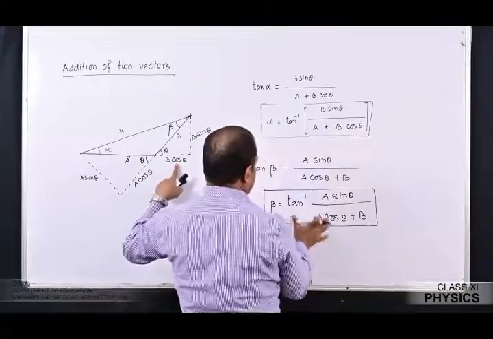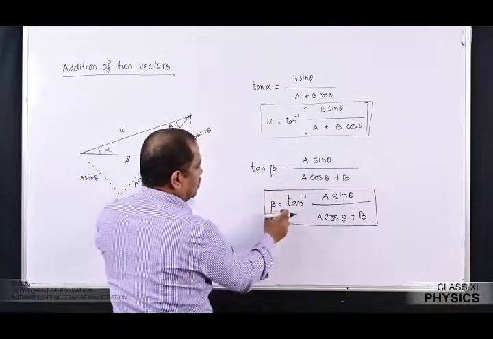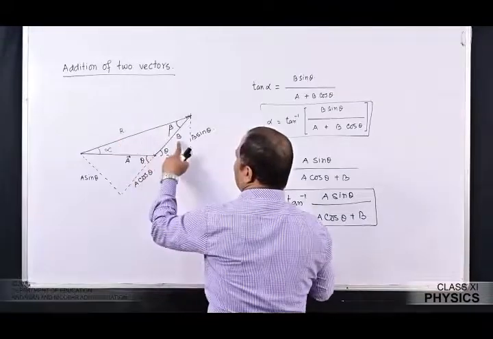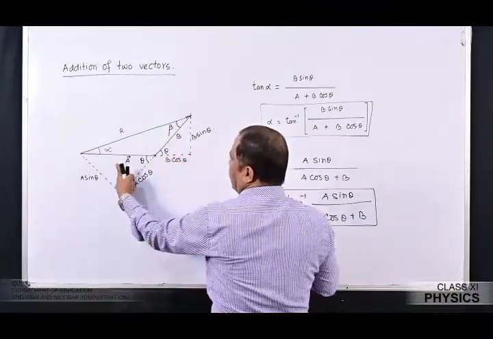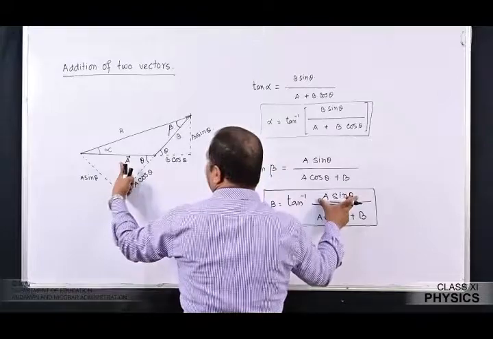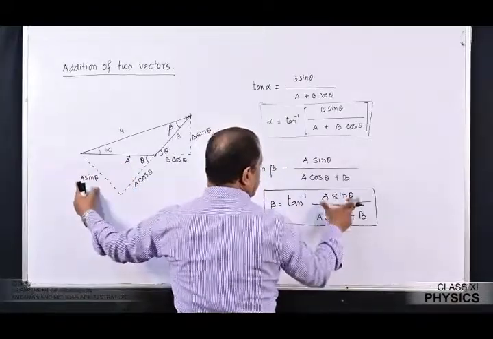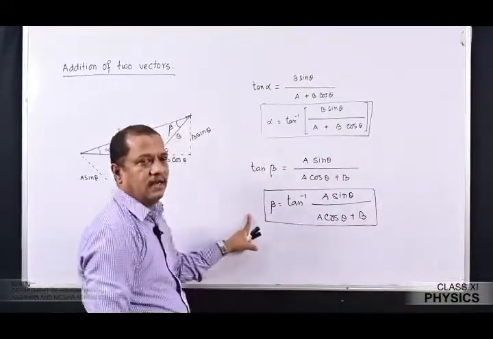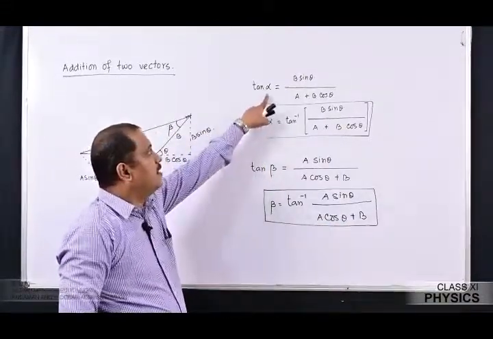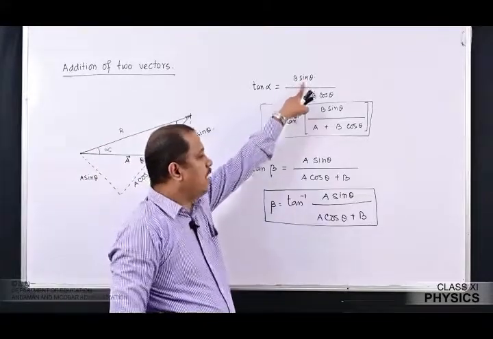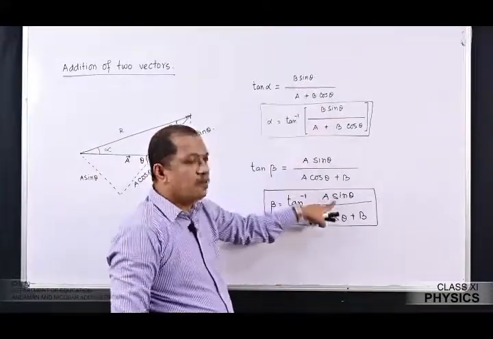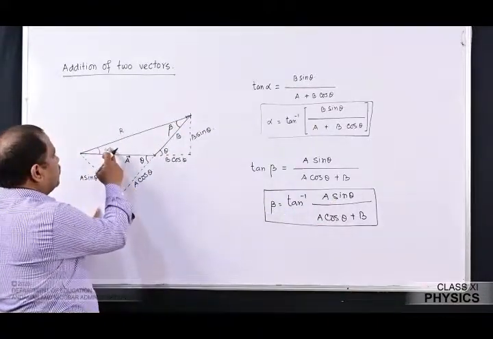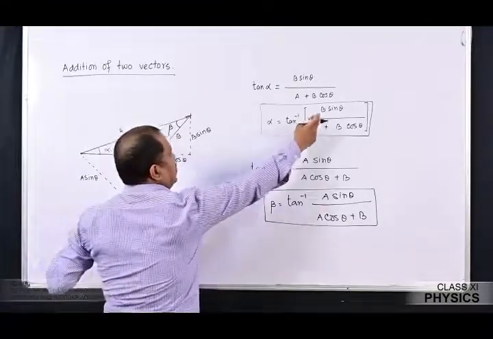Similarly, beta is equal to tan inverse of, in the numerator, the sine component of A, because beta is the angle made by the resultant vector with B, so the other vector is A. So A sine theta over A cos theta plus B. What I would like to say is that to write the angle, in the numerator I have the sine component of the vector that is free of the angle, here B for alpha.